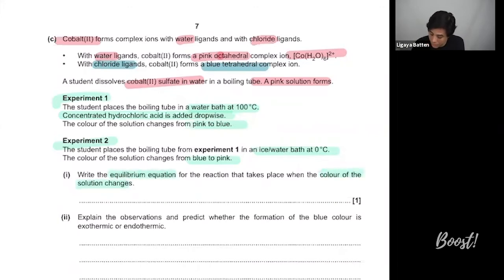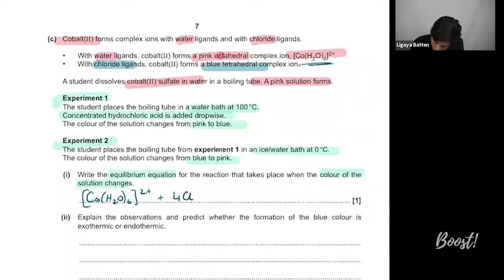Okay, so we've already been given the formula for the water complex, which is up over here. So we just need to copy that. Okay, and then we were told we add hydrochloric acid. So you can either add the hydrochloric acid or you can add just the chloride ions.